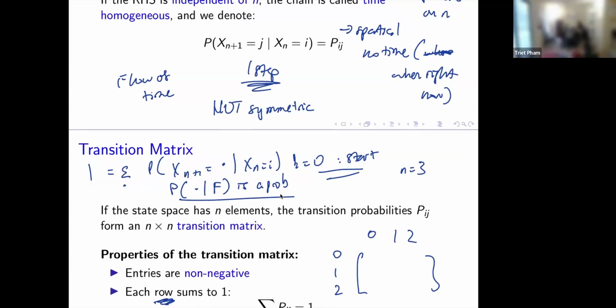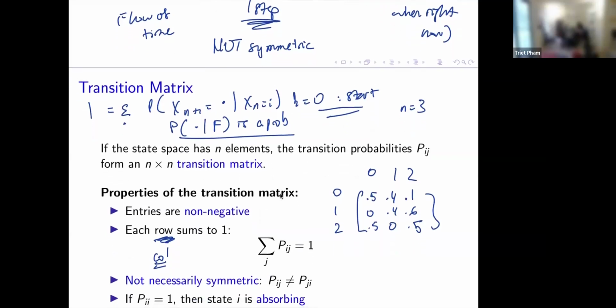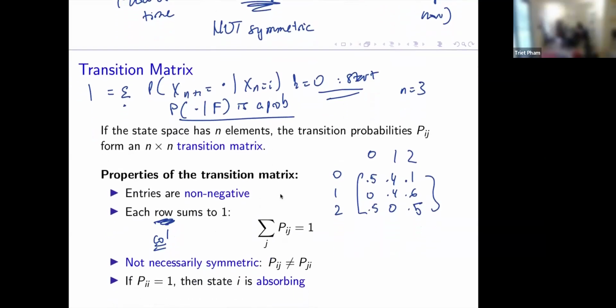So for example, let's say you throw in things like 0.5, 0.4, 0.1, 0, 0.4, 0.6, 0.5, 0, 0.5. Something like that. Not necessarily symmetric. Notice, it's not symmetric. We'll talk about this later.